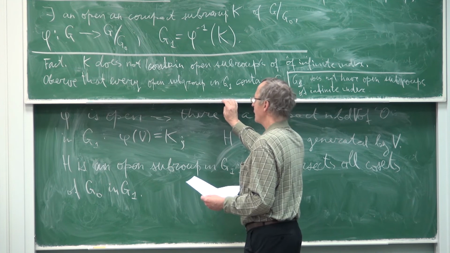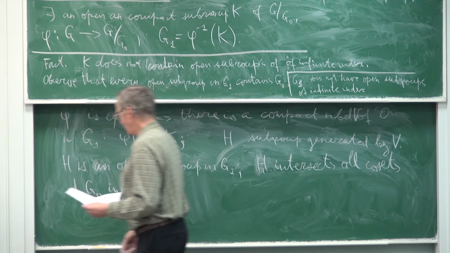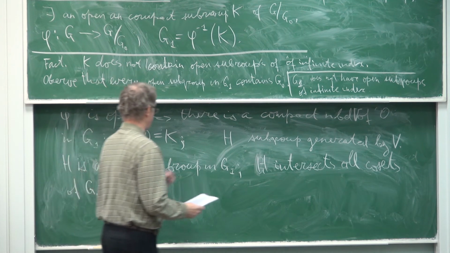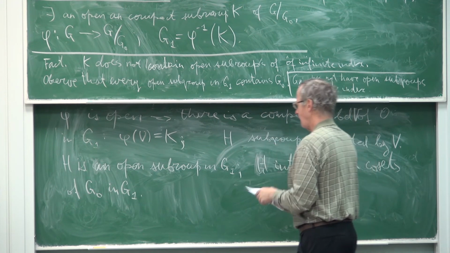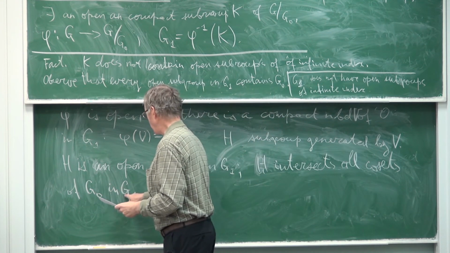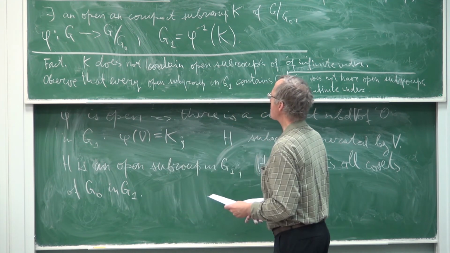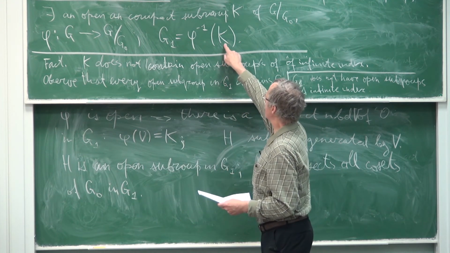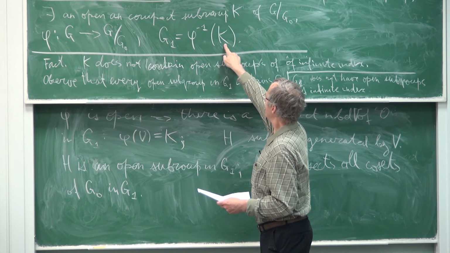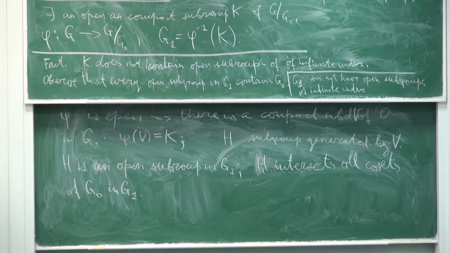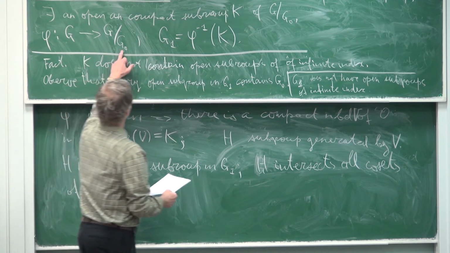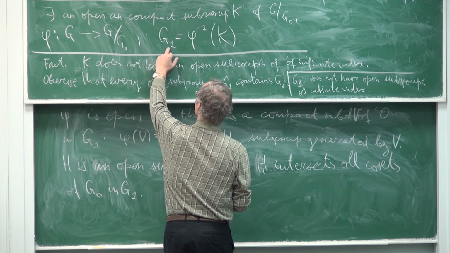This is simply a consequence of the origin of this H. So what are the cosets of G0 in G1? These are precisely the points of K. Each point of K corresponds to a uniquely determined coset of G0 in G1.